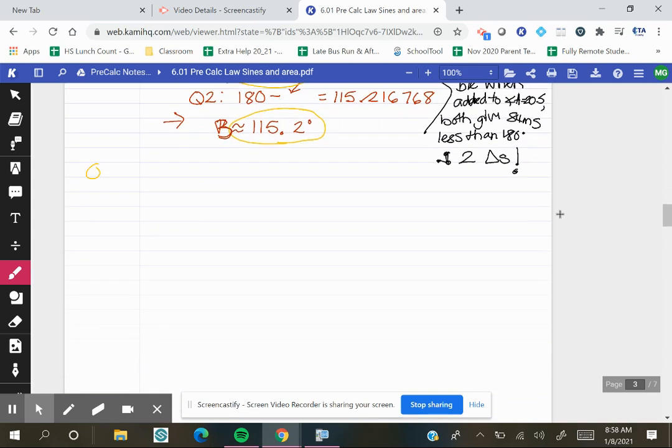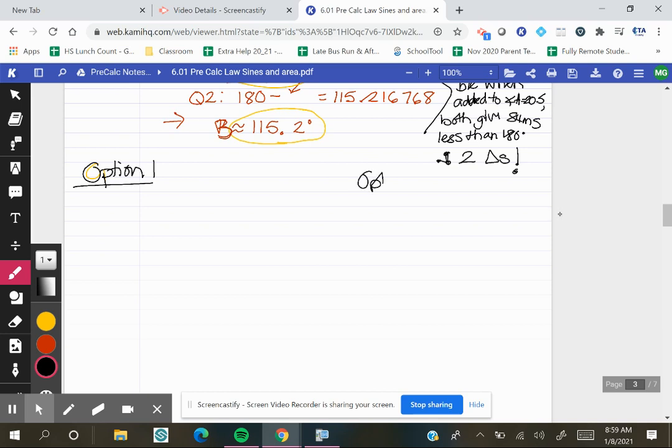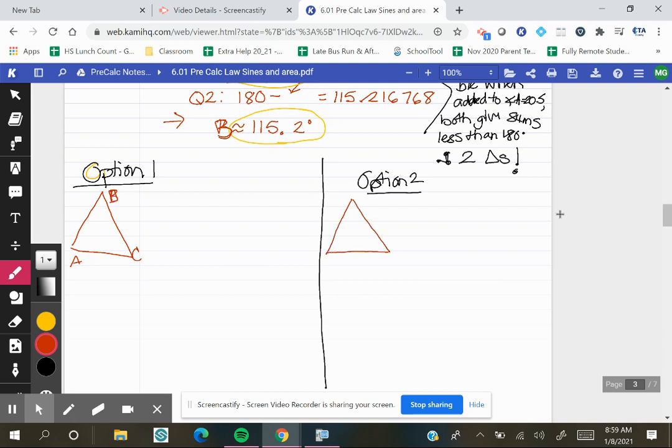So now I asked you guys to solve those triangles. So you have 2 different options for the triangles. So we're going to draw those out over here. So option 1 and option 2. So I'm going to redraw this triangle for A, B, C. Now, the given information in the original problem, none of that is ever going to change.